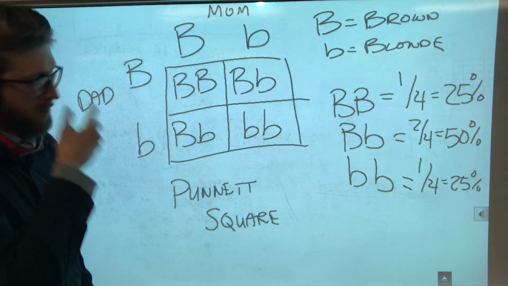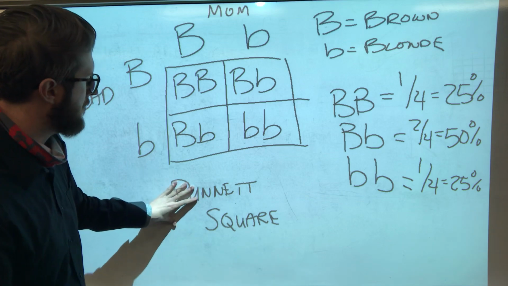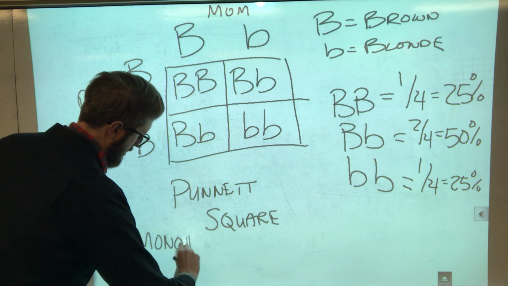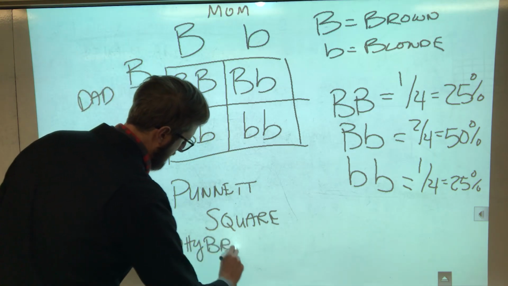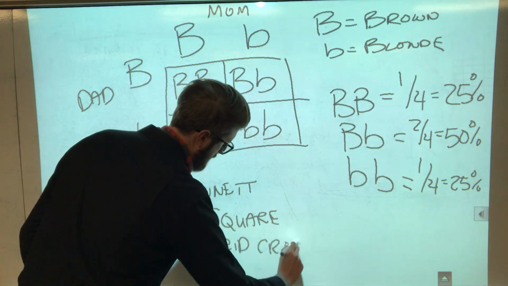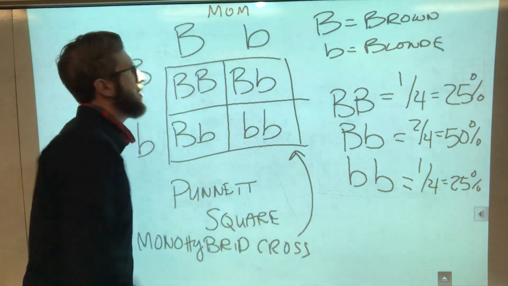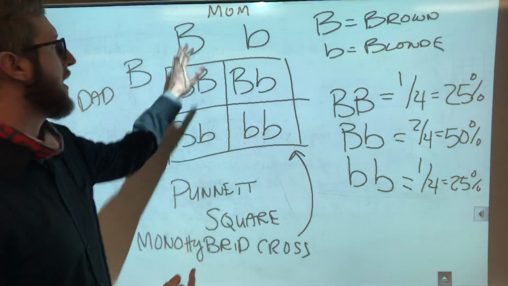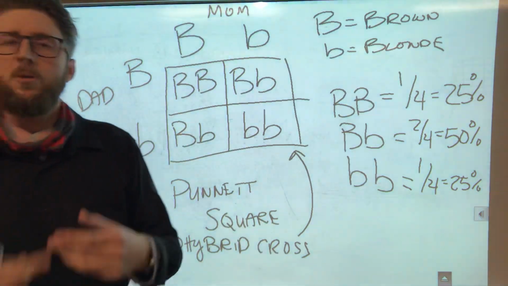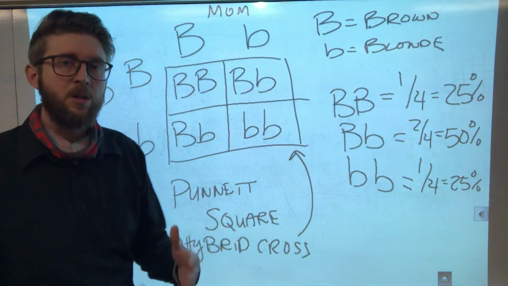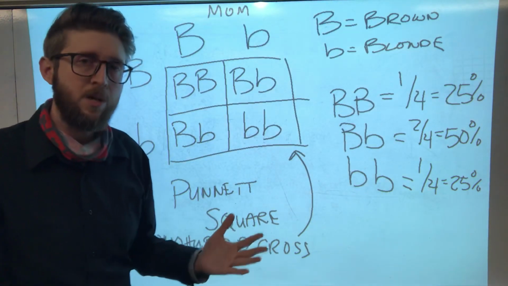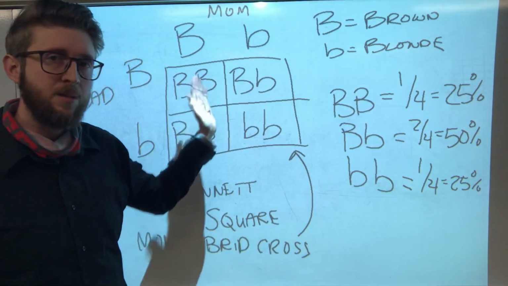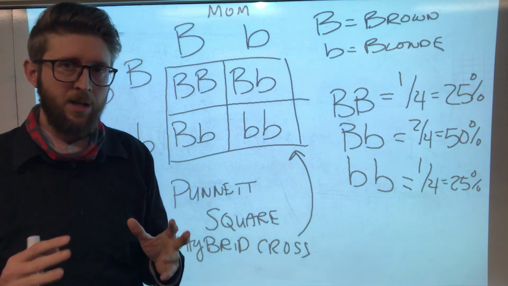So this is what's called a monohybrid cross. Why? Because we're only looking at one trait. We're just looking at hair color. That's it. You can get more complicated and look at what's called a dihybrid cross, where you compare multiple different kinds of traits together all at the same time.